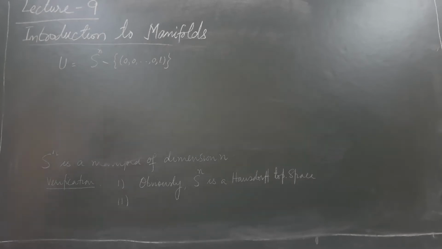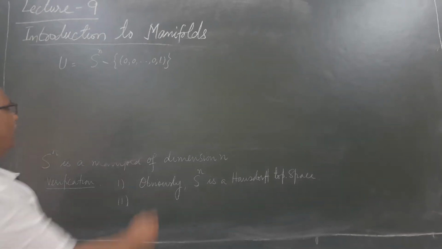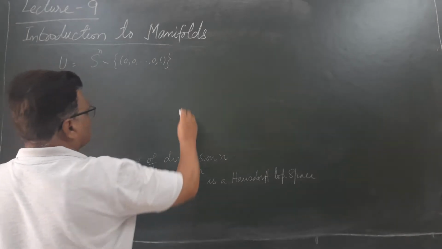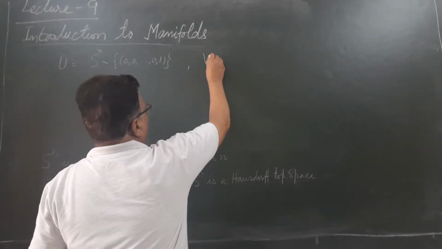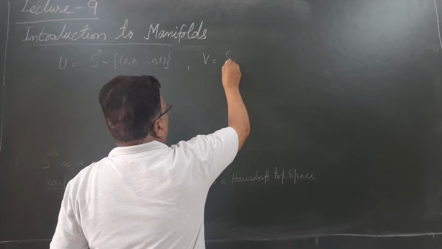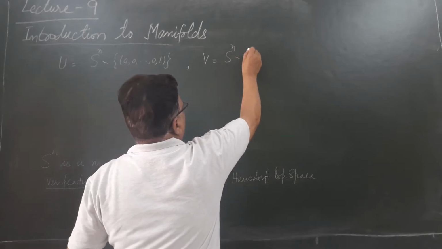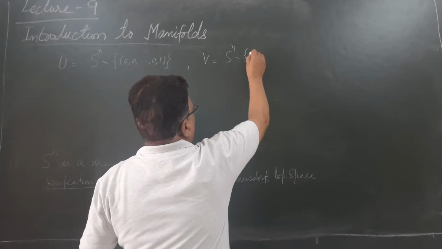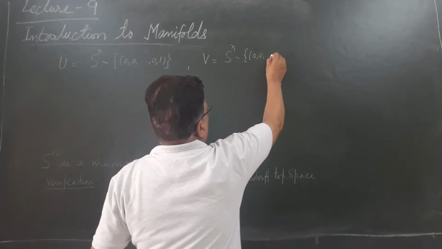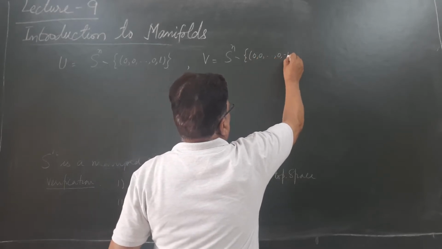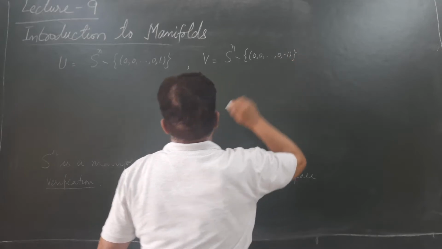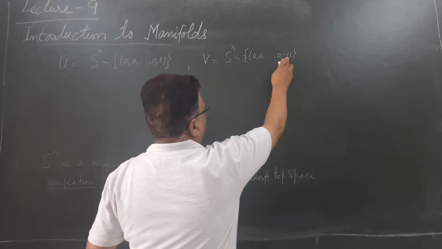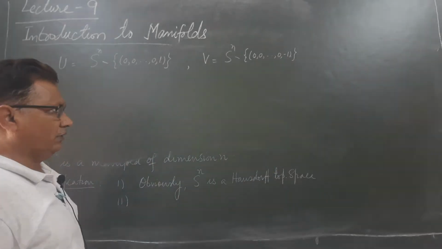A singleton point is deleted from Sn, and this point is also called the north pole. Similarly, you can consider another open set, V, obtained by deleting the point 0, 0, 0, minus 1. The 1 is at the n plus 1th place, here also at the n plus 1th place.